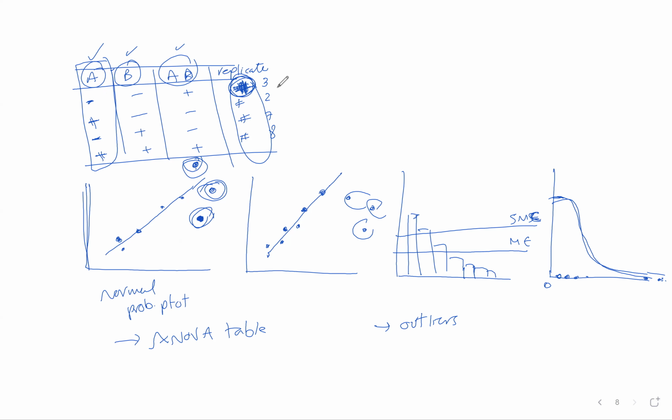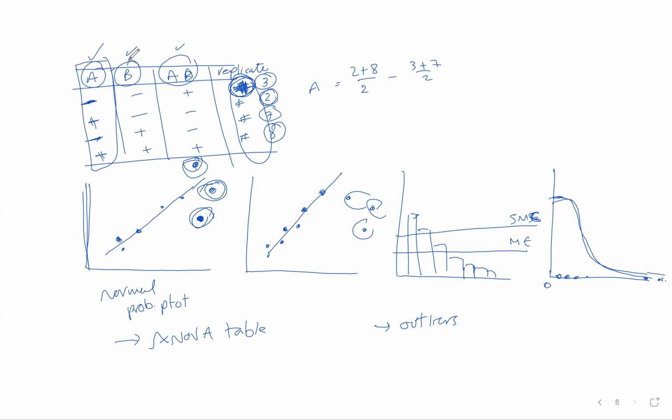So the average of the pluses will be 2 plus 8 divided by 2 values. Minus, these ones are minuses, so 3 plus 7 divided by 2. This one is the main effect of A.